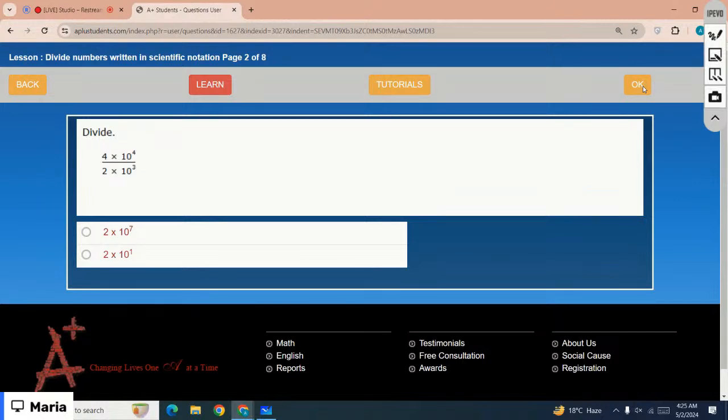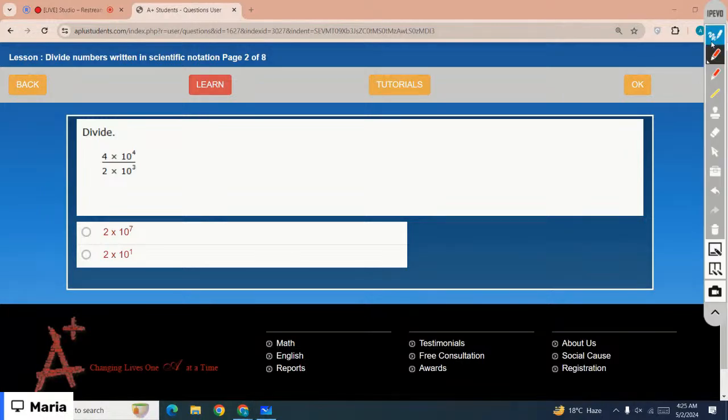4 times 10 exponent 4 divided by 2 times 10 exponent 3. So divide the numbers, 4 divided by 2, right? So you have 10 exponent 4 divided by 10 exponent 3. So 4 divided by 2 is 2. You have to subtract the exponent that is in the denominator, right? That is 2 times 10 exponent 1 is the correct option. That is option number 2.